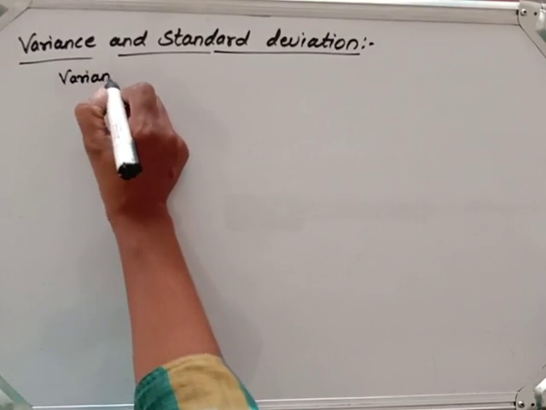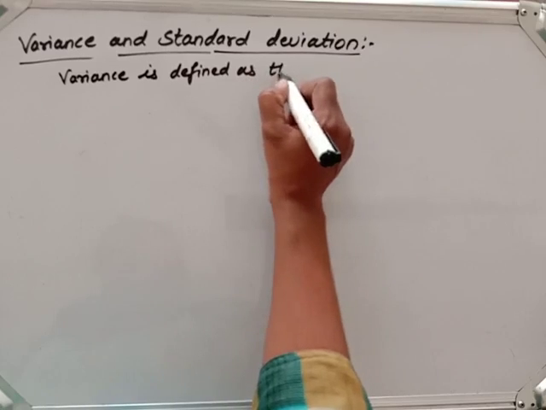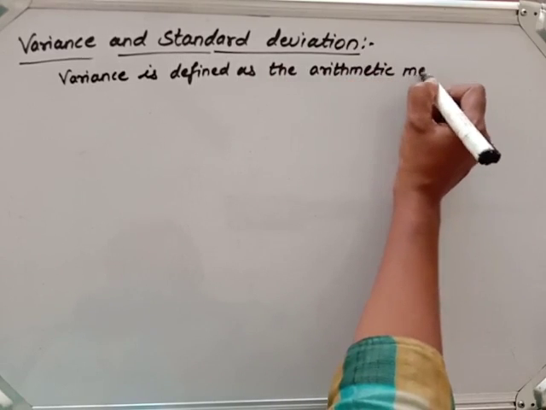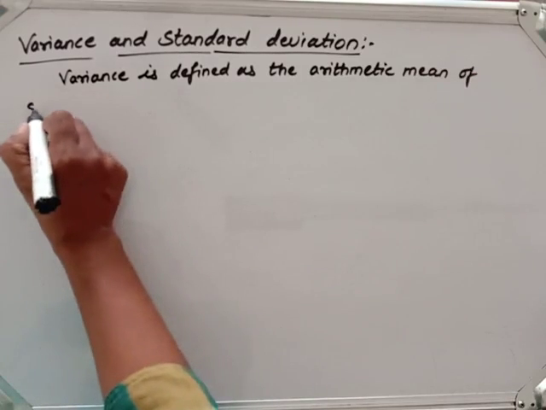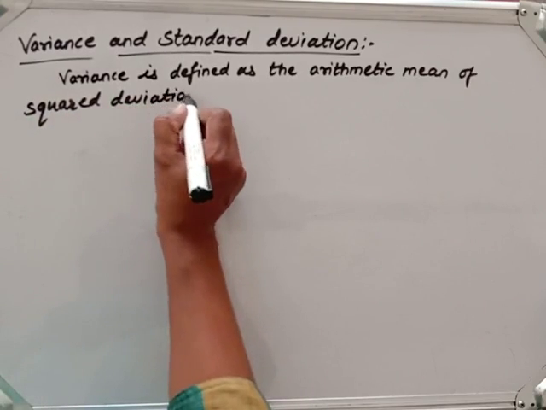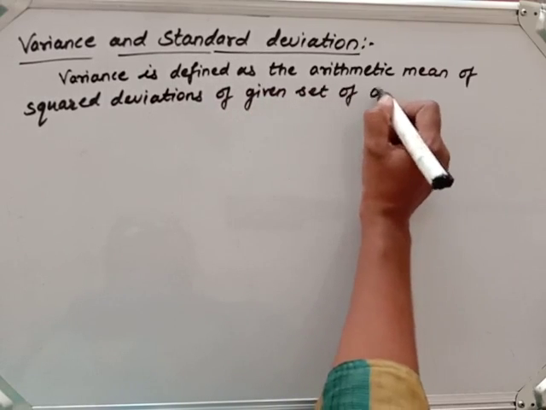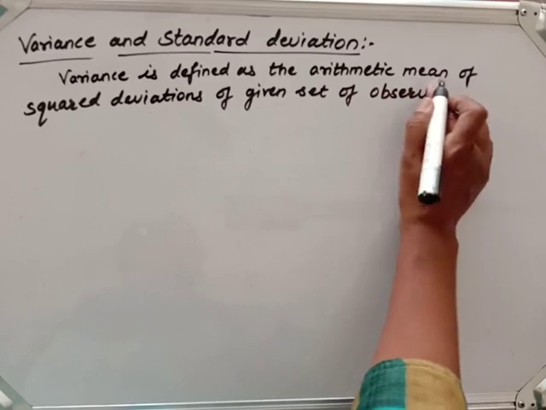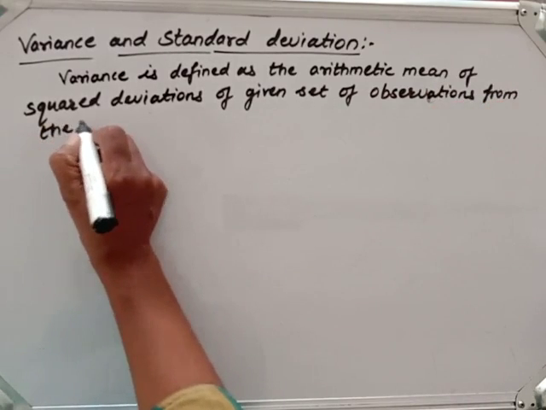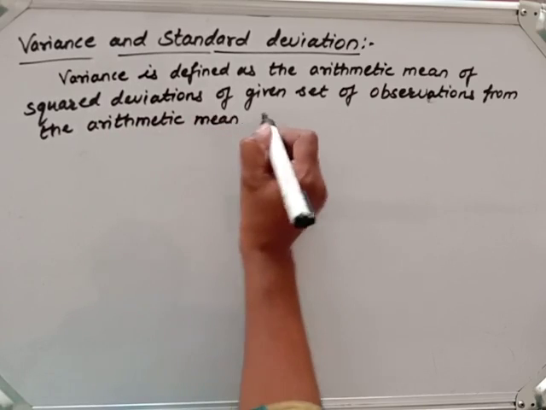Variance is defined as the arithmetic mean of squared deviations of a given set of observations from the arithmetic mean x bar.